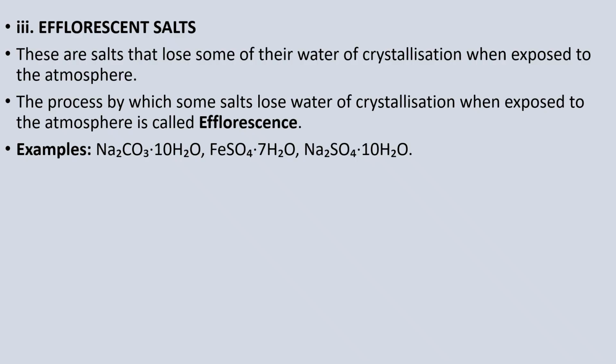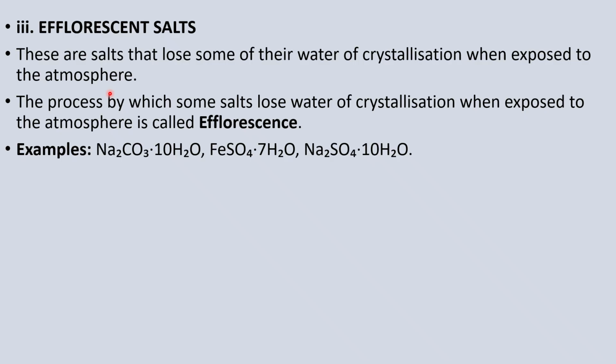The third type of salts we have are efflorescent salts. What are they? These are salts that lose some water of crystallization when exposed to the atmosphere. So these are hydrated salts.